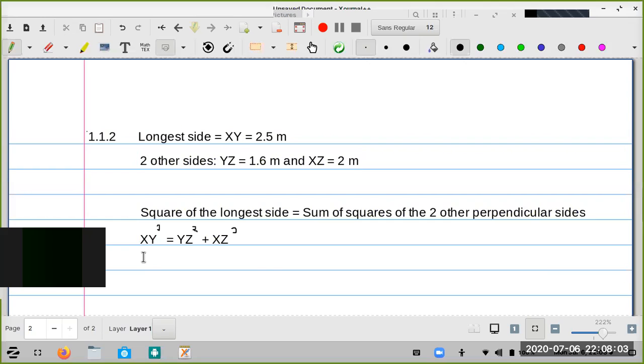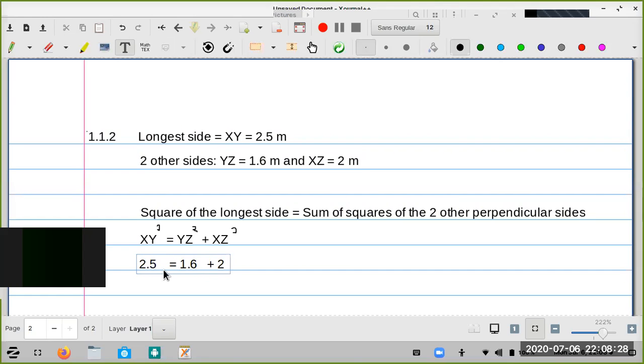Our longest side is 2.5, we square it, equals YZ, which is 1.6, again squared, then we have 2, also squared.